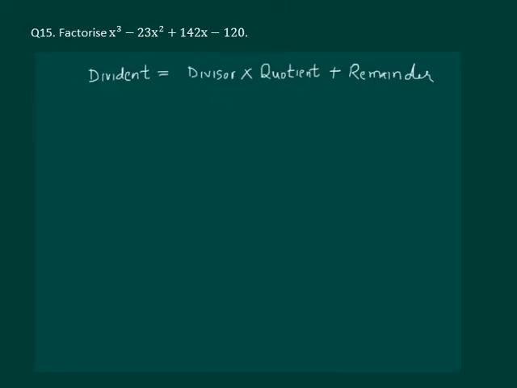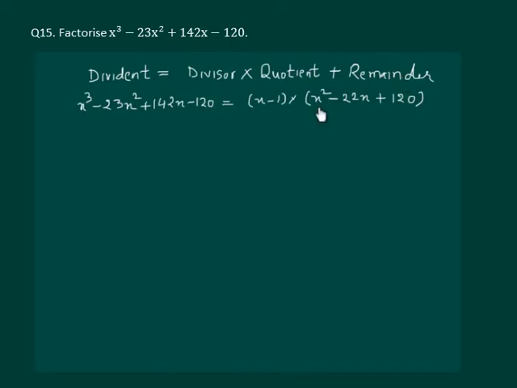Now substituting in dividend is equal to divisor into quotient plus remainder, we get given polynomial equal to x minus 1 into a quadratic polynomial and remainder is 0.